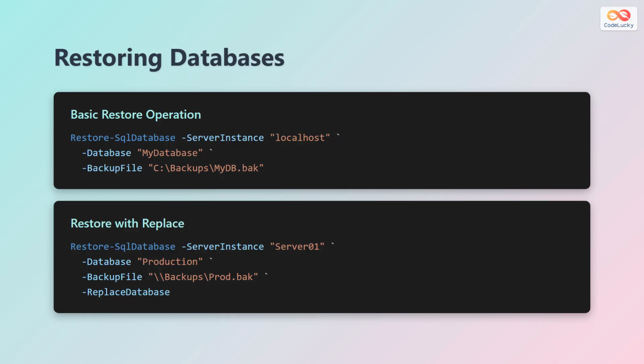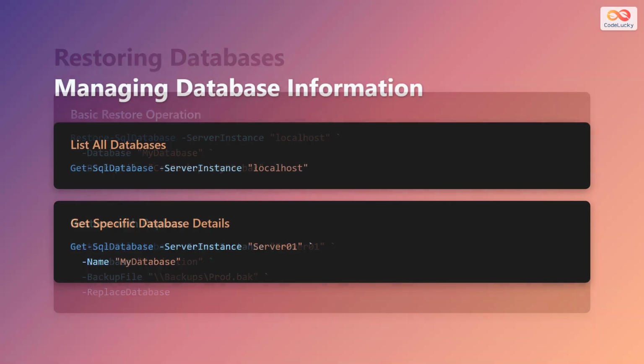The command Restore-SqlDatabase -ServerInstance localhost -Database mydatabase -BackupFile c:\backups\mydb.bak restores the database. If you need to overwrite an existing database, add the ReplaceDatabase switch parameter. This is useful when refreshing a development database with production data or recovering from data corruption.